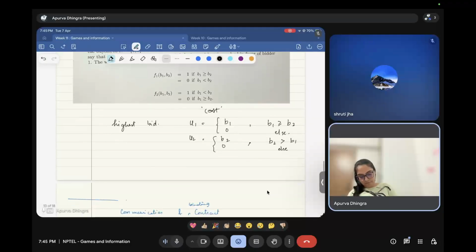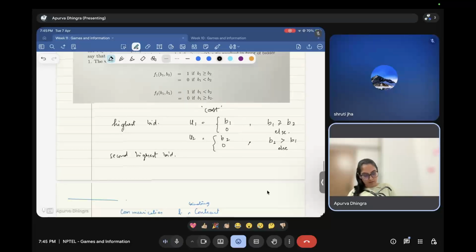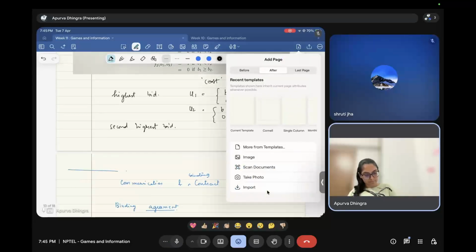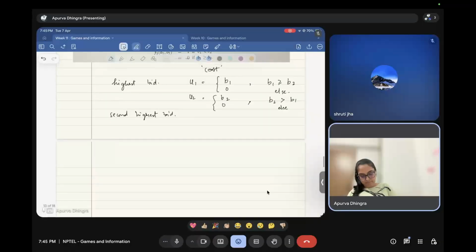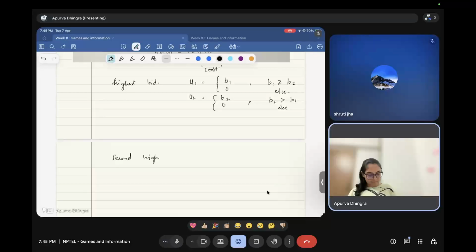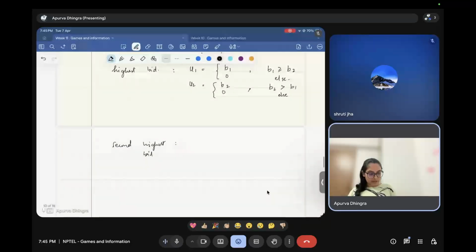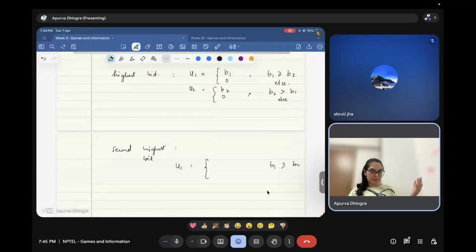This is the case with the highest bid. If we were to go with the second highest bid, then there are only two bidders, so they pay the value of the other one.